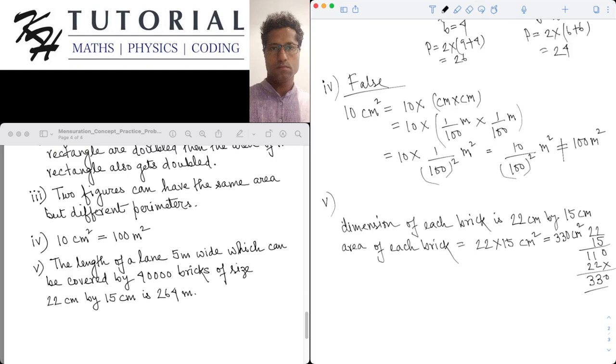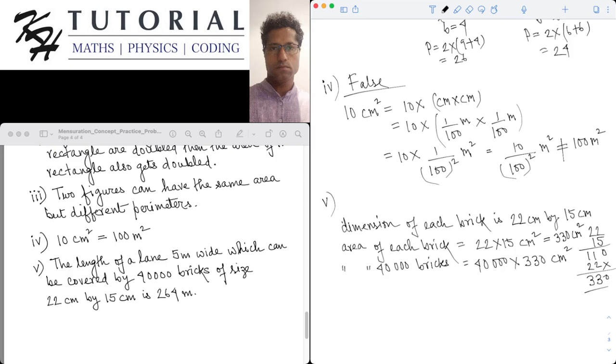So the area of 40,000 bricks, because the 40,000 bricks have to entirely cover the lane, will be equal to 40,000 multiplied by 330 centimeter square.